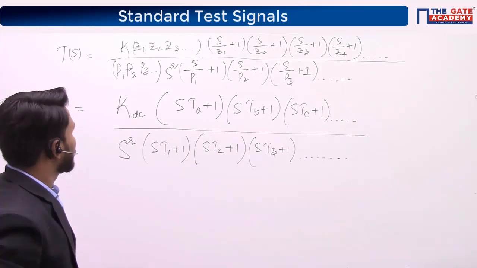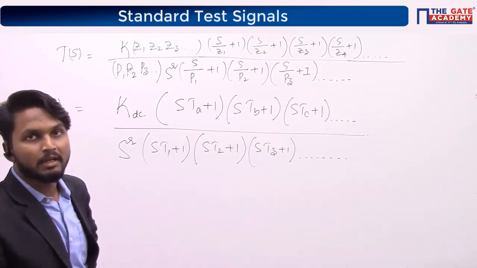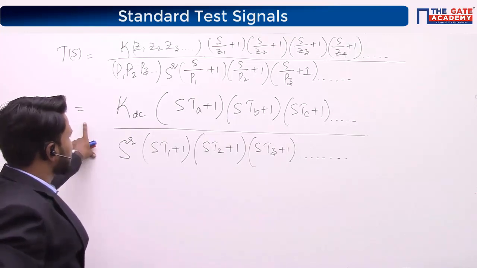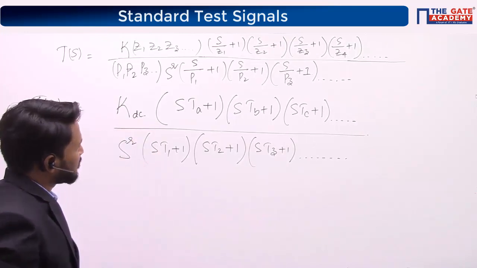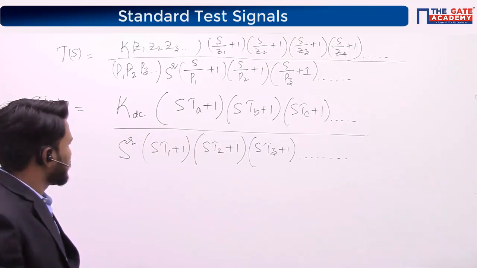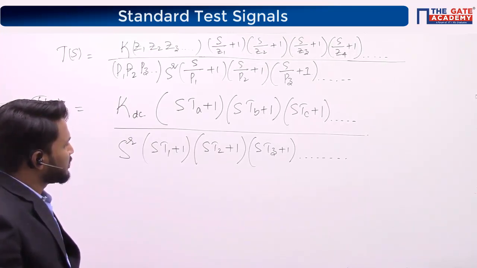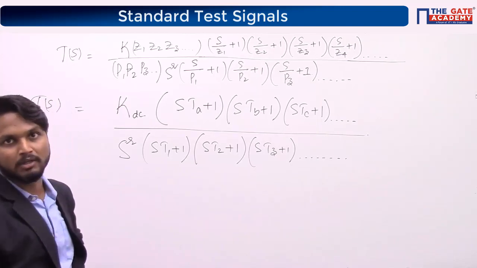So this is what we are going to see, right? Any transfer function can be generalized like this: K DC, S T A plus 1, S T B plus 1, S T C plus 1 upon S power R into S T1 plus 1, S T2 plus 1, S T3 plus 1, right?